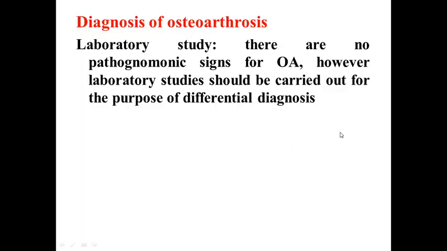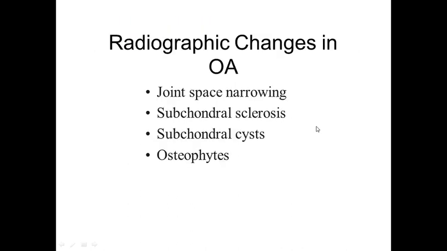How do we diagnose? Laboratory studies: there are no pathognomonic signs for osteoarthritis. However, lab studies should be carried out for the purpose of differential diagnosis. Radiographic changes in osteoarthritis by X-ray, you could find joint space narrowing, subchondral sclerosis, subchondral cyst, and osteophytes.